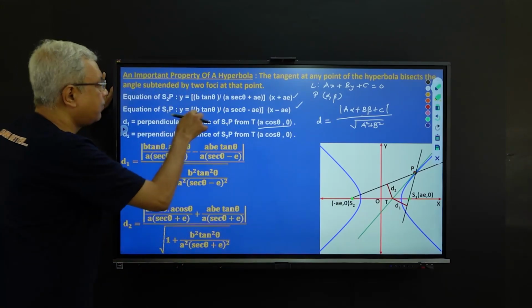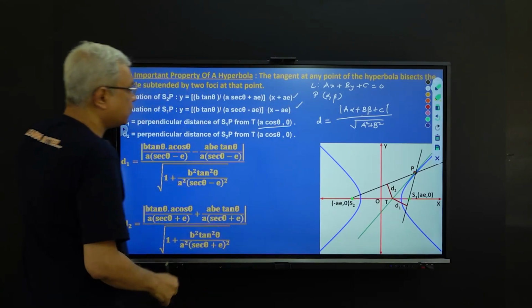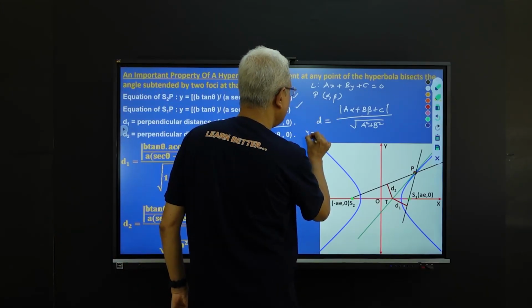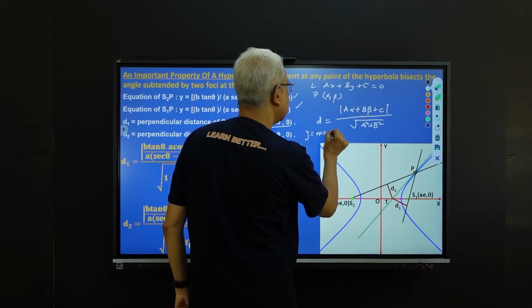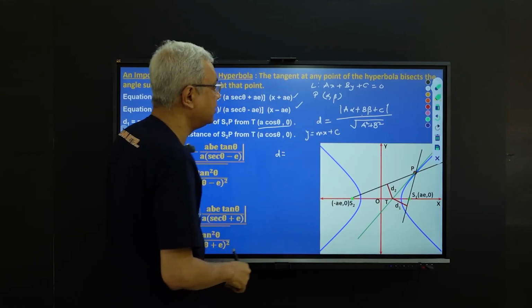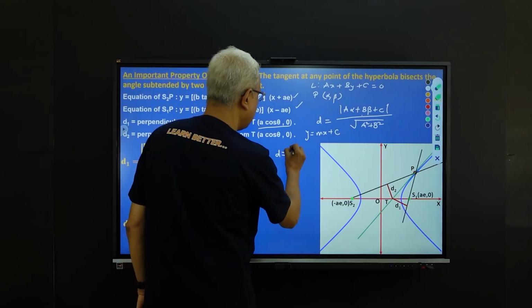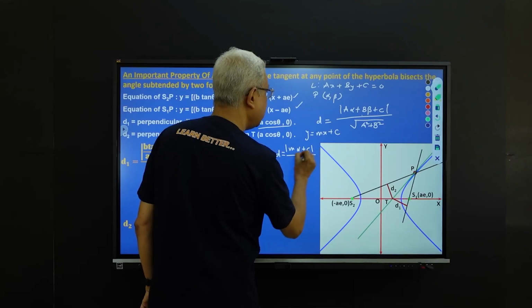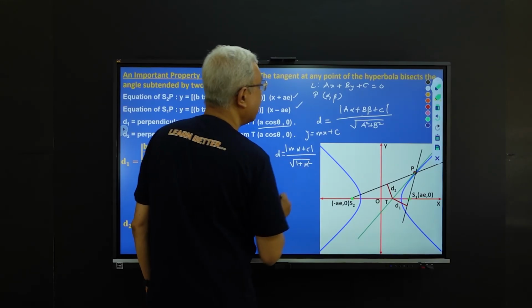If we think the equation of a straight line is y = mx + c, then the perpendicular distance from (alpha, beta) on this line is mod of (m alpha + c) divided by root of 1 plus m square.